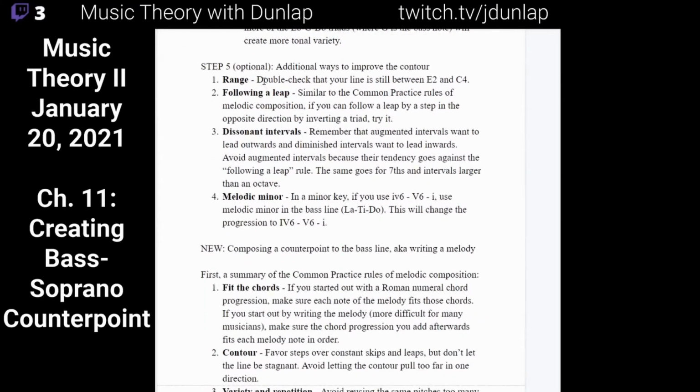These are corner cases. They don't come up much, but double check that you didn't just mess up your range. If dropping notes or raising notes has messed with your range, or inverting notes has messed with your range, make sure you're still between the ledger lines, the single ledger lines of the bass staff. And then following a leap, just like how we wanted to follow focal point issues in melodic composition with our bass part, since it is a melody, go ahead and make sure that any large leaps, if you can, you follow up by a step, if you can.